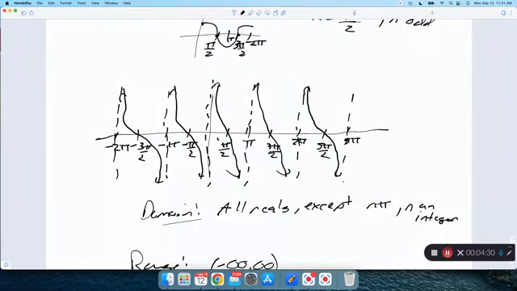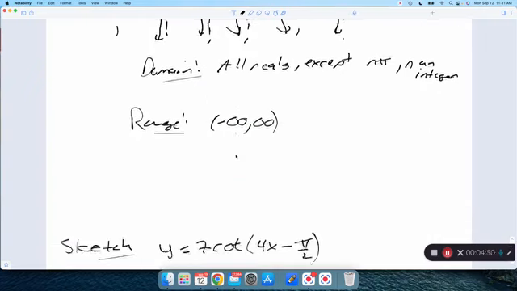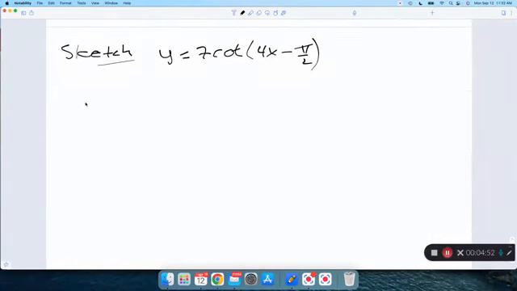What I call the amplitude is this height right here that would be at pi over 4, which is 1, halfway between the asymptote and the intercept. I'm going to put amplitude in quotes, and that's still the absolute value of a, in this case 7.